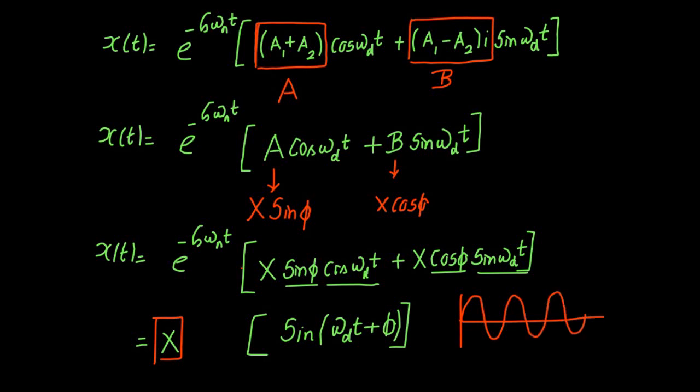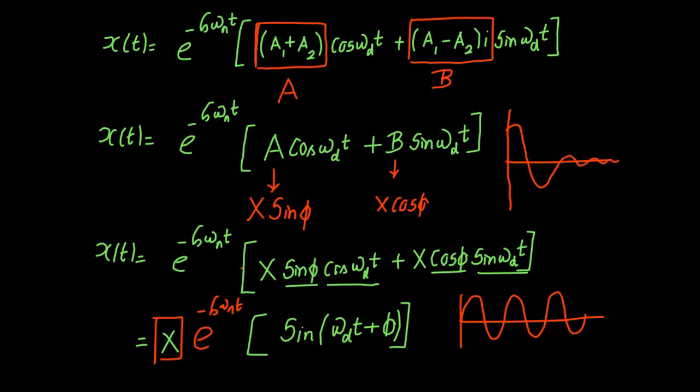Now, what do you think is going to happen when you hit the sine wave with an exponentially decaying term? Then the sine wave is also going to decay exponentially like this.